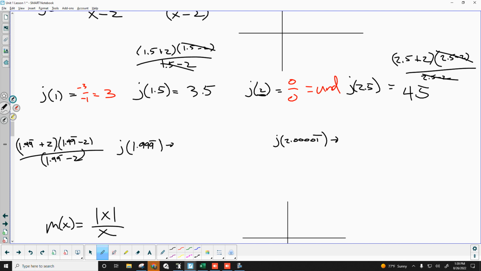What's different about this than when I plug in 2? It's 3.9. No. Right? Think about it. Clemens, what's different about this than if I plug in 2? This isn't 0. It's getting close to 0, right? Infinitely close to 0. But is it 0?